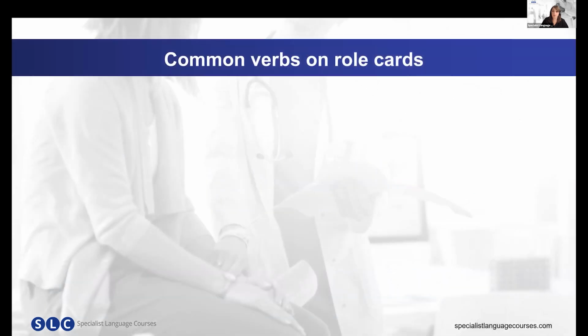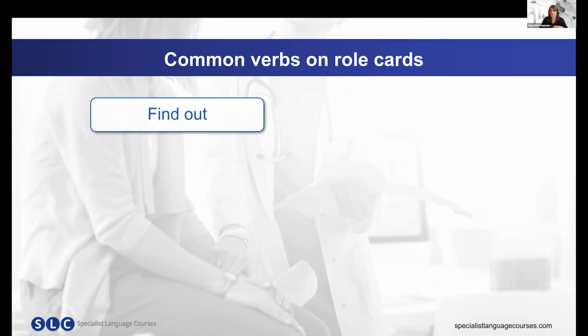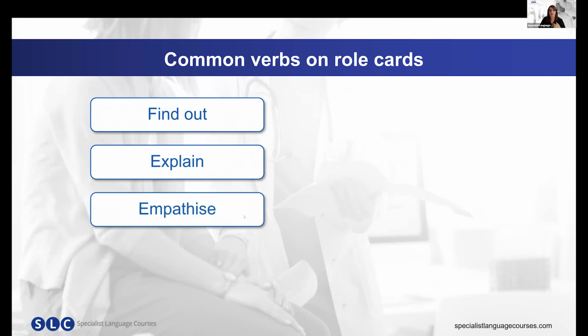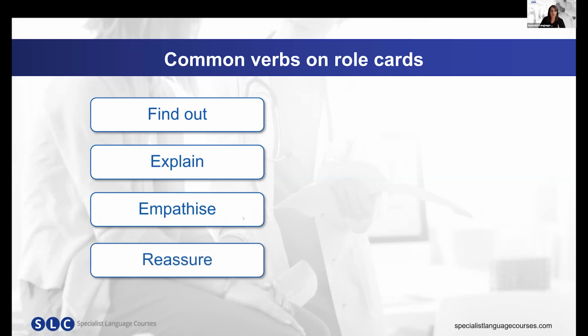Some common verbs that recur in all sorts of different situations on role cards. You have find out, where we need to ask questions. We have explain, you may need to explain medication, treatment, or a particular course of action. Empathize, so this is something you need to do throughout each role play. Reassure if you have an anxious patient.